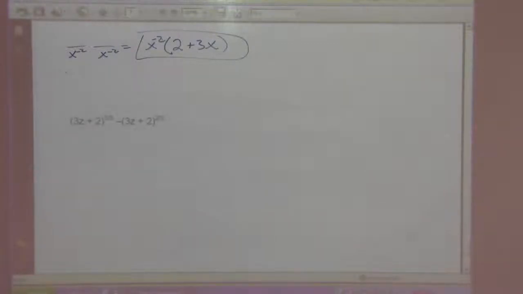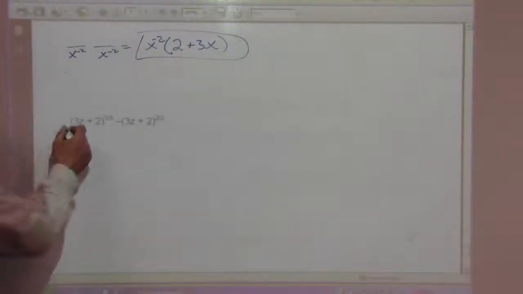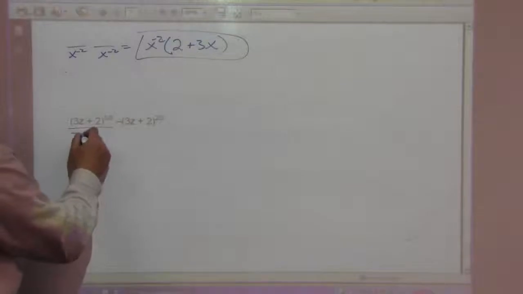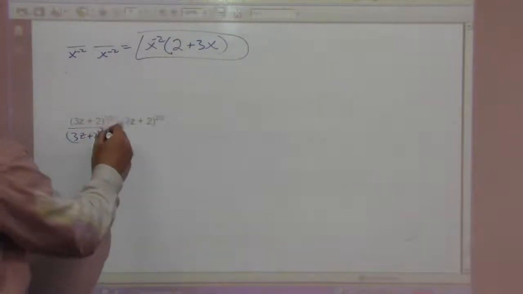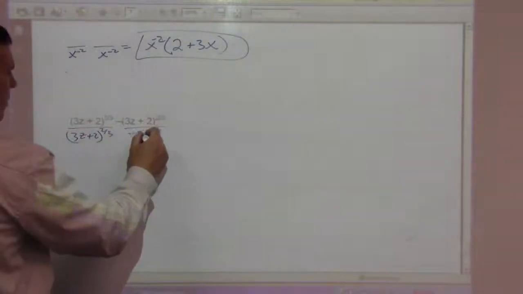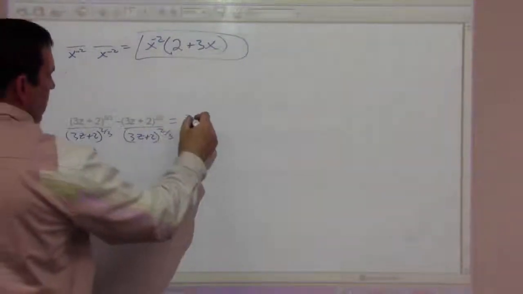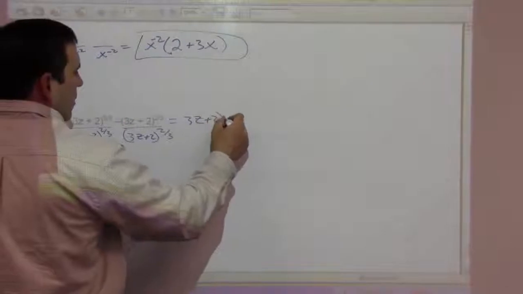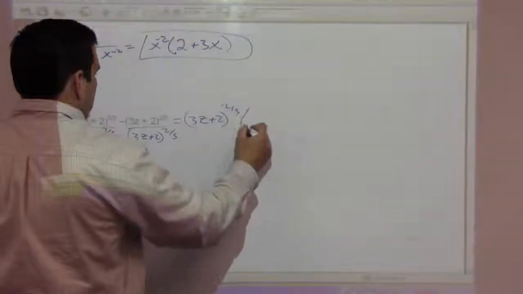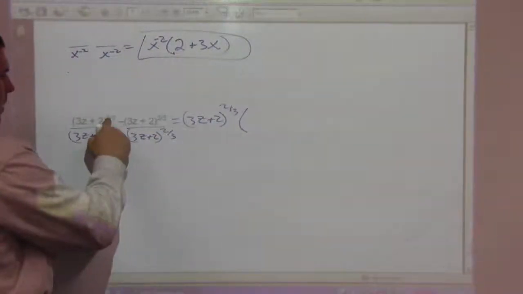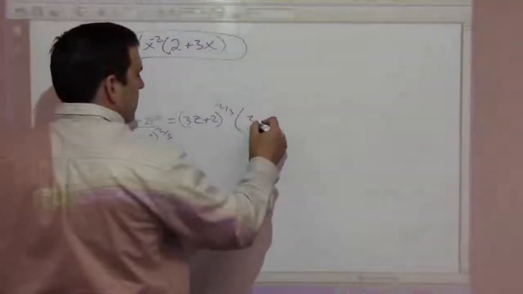And the last one down here, we have (3z plus 2) to the 5/3 minus (3z plus 2) to the 2/3. You can factor out (3z plus 2) to the 2/3. This becomes 5/3 minus 2/3 is 3/3.